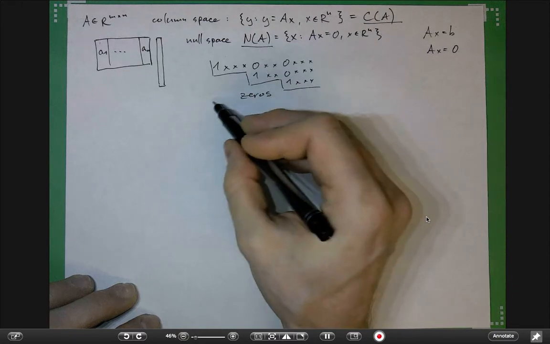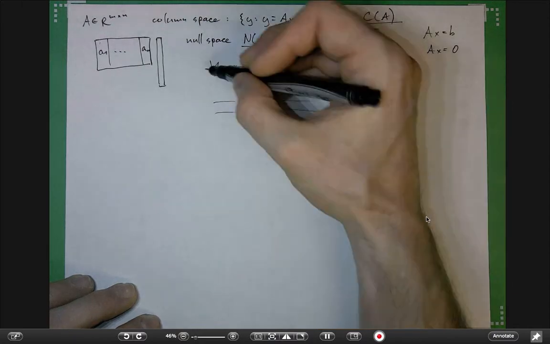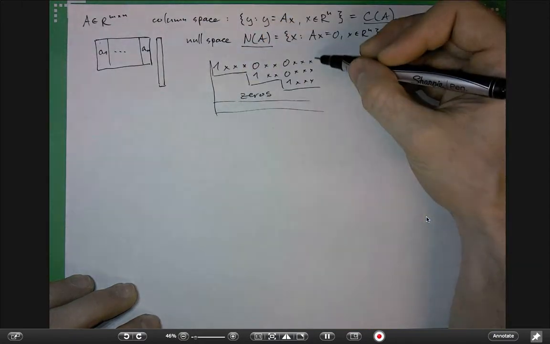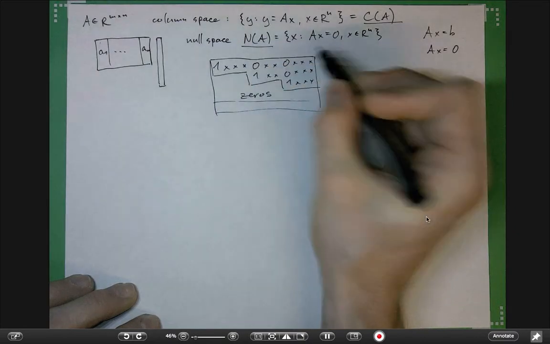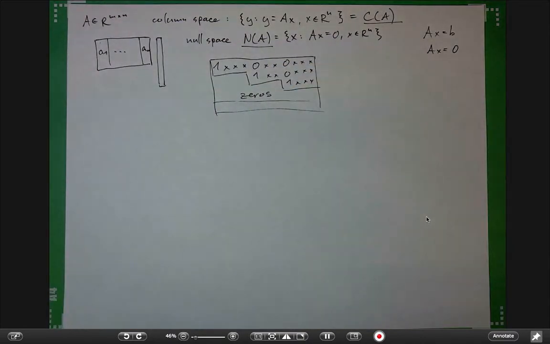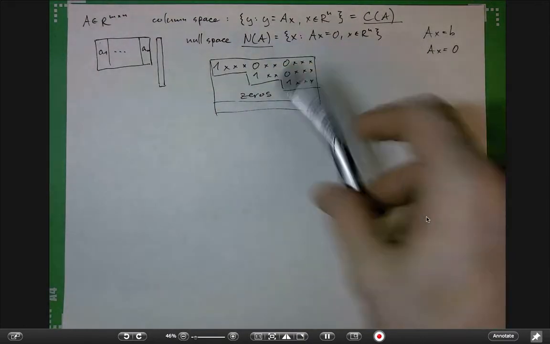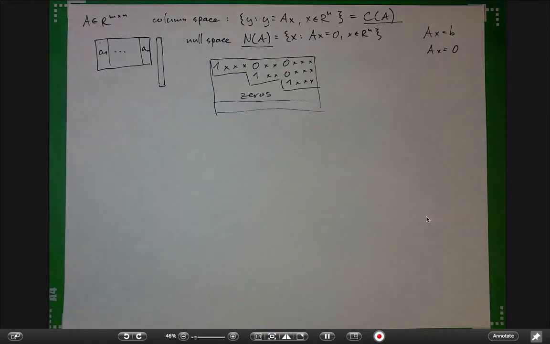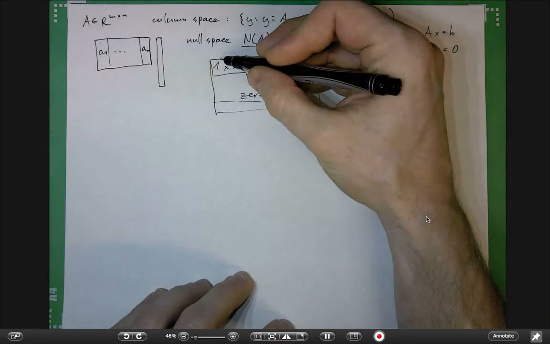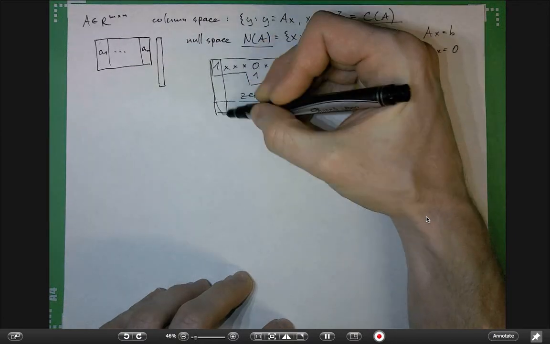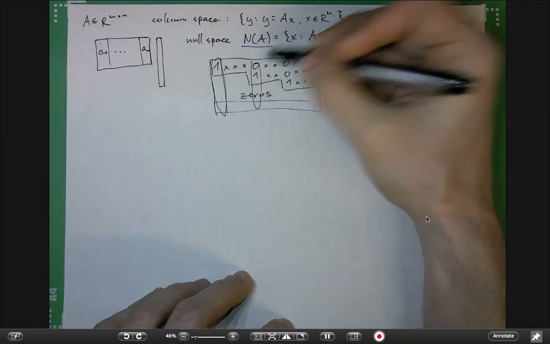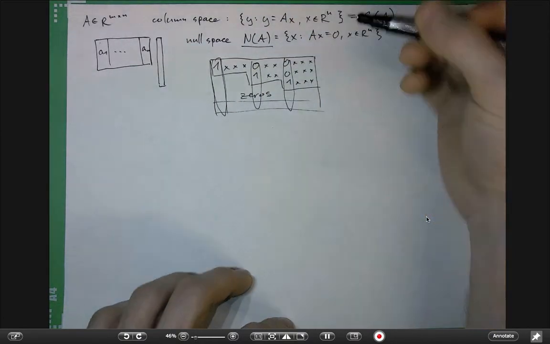There can be an arbitrary number of 0 rows. So this is my reduced row echelon matrix. And now if I want a basis for the column span, from here it's very simple. All I need to do is take these vectors, the vectors corresponding to the pivot elements.